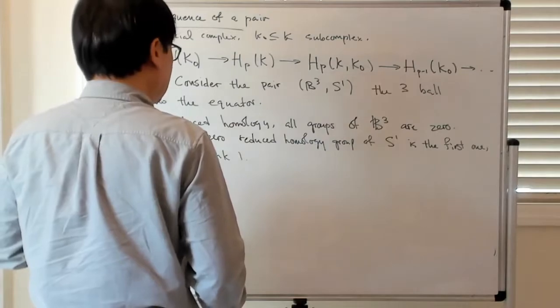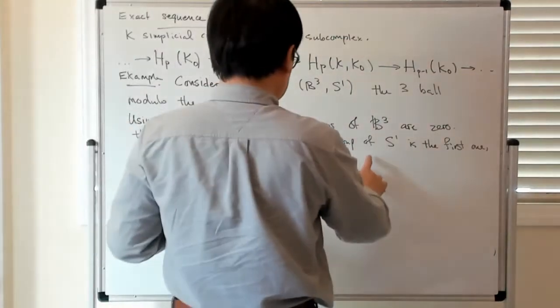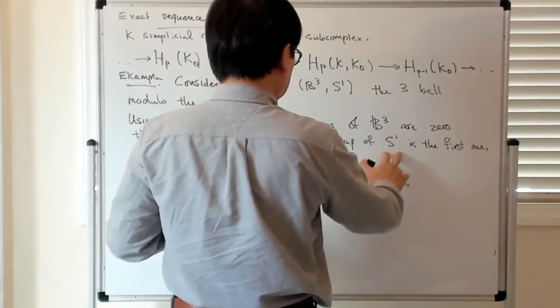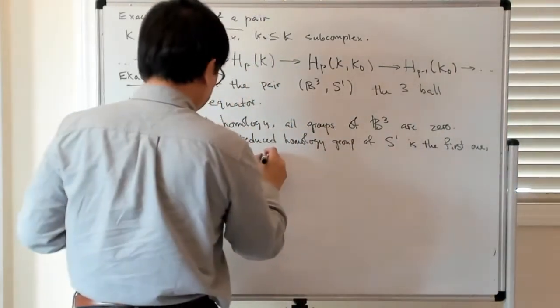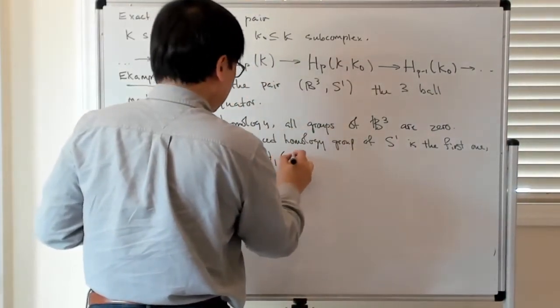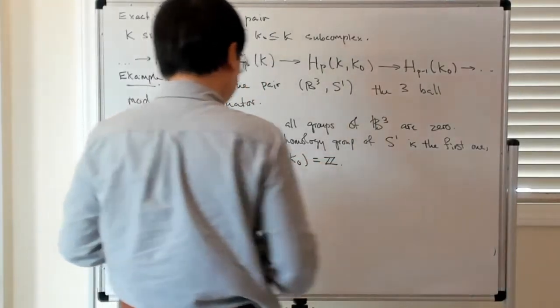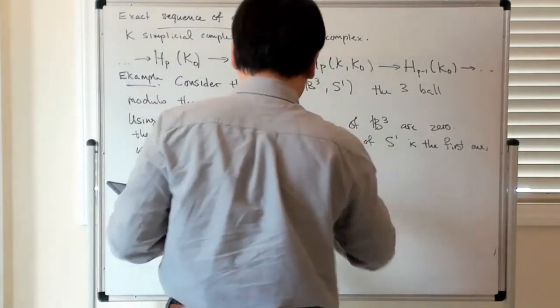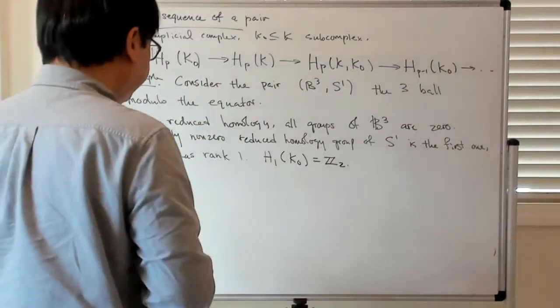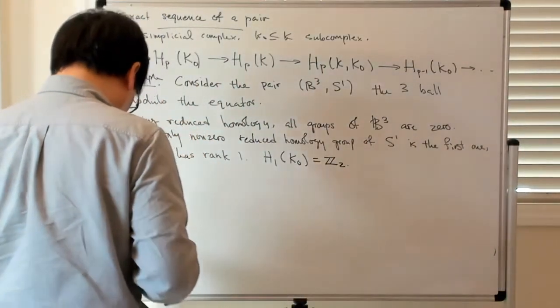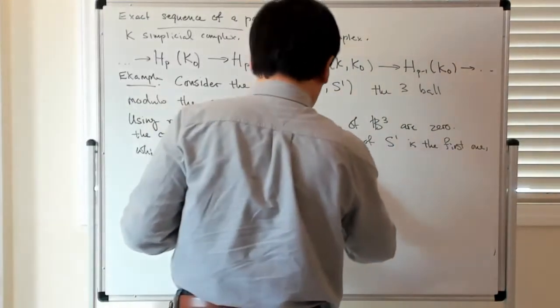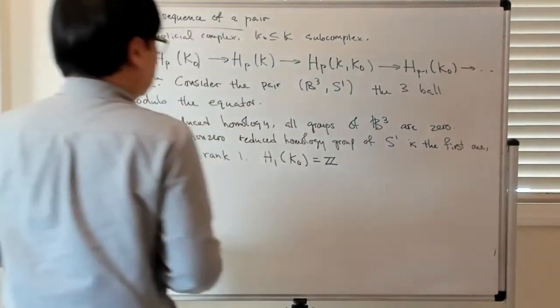Okay, so this is saying, let me just say it, right? So H1 of K0 is equal to Z. Let's just say Z2. Okay.